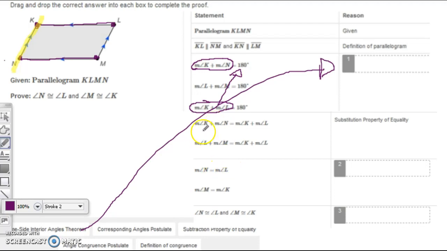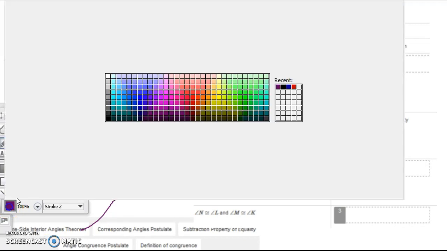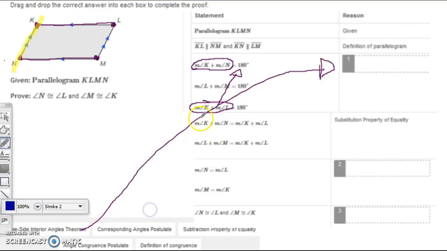So we got to go back up here and ask ourselves, how did we get, I'm going to change colors because I got a lot of weird lines going on here. How did we get from this statement down to this statement? And if you look at it, we have the measure of angle K on each side.